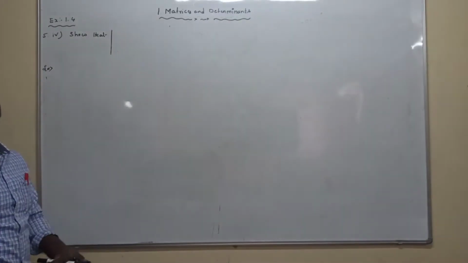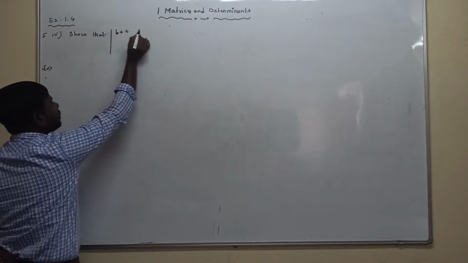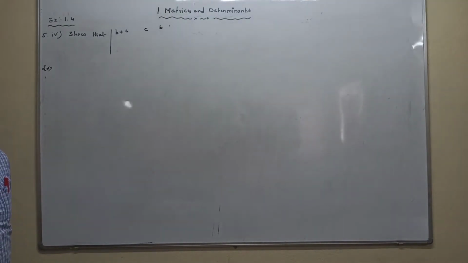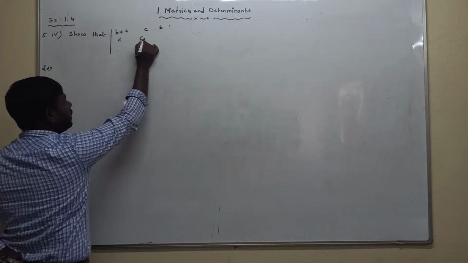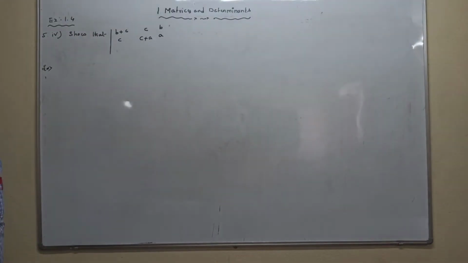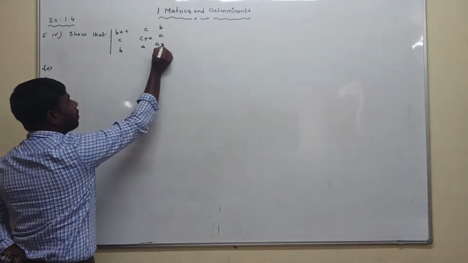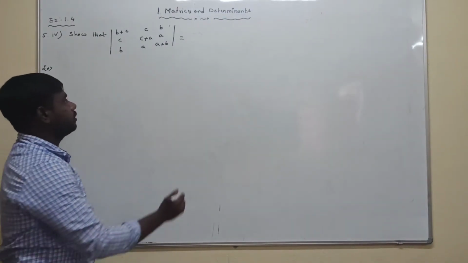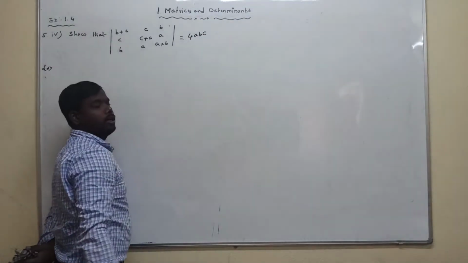Question number 4 is the determinant with rows b plus c, c, b; c plus a, ... ; b, a plus b, to prove that it equals 4abc.